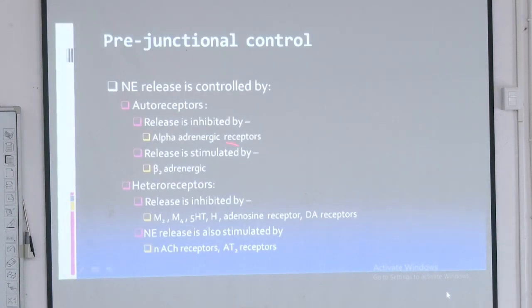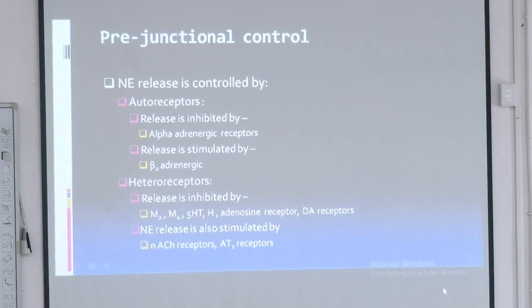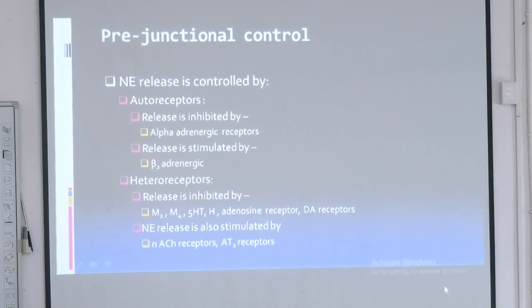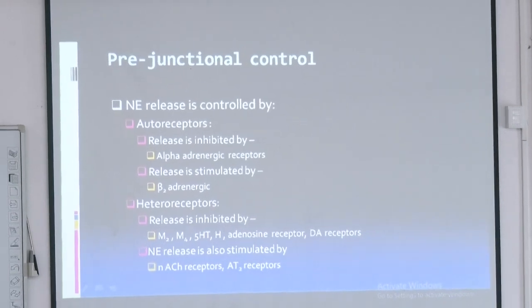You can see here the alpha receptor, release stimulated by the beta receptor. The beta receptor is existent, A1, A2, and A4, and other receptors, and histamine, adenosine, and opioid receptor, later.